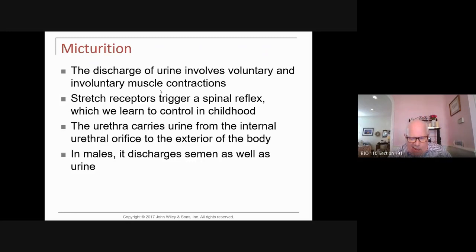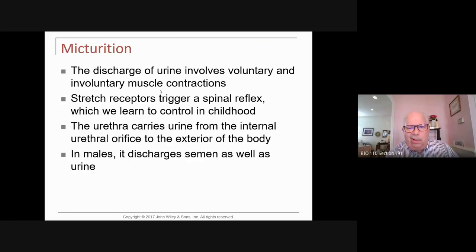But I will tell you that the discharge of urine is controlled by your spinal cord, not by your brain. Your brain certainly is involved, but if you don't have the spinal reflex, you cannot empty your bladder.